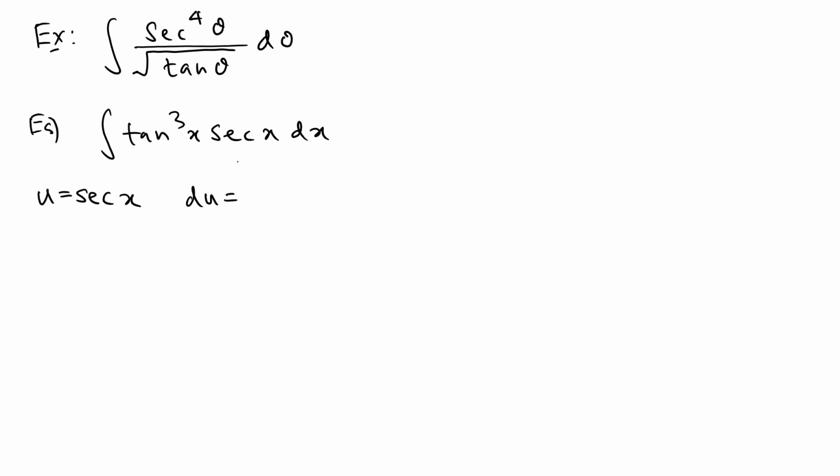The derivative is secant x tan x dx. So the goal is to see whether we can pull out secant x tan x. If we can do that, then we can use this argument. We can actually do it here. We leave tan squared x, and we pull one tan term out for the derivative.